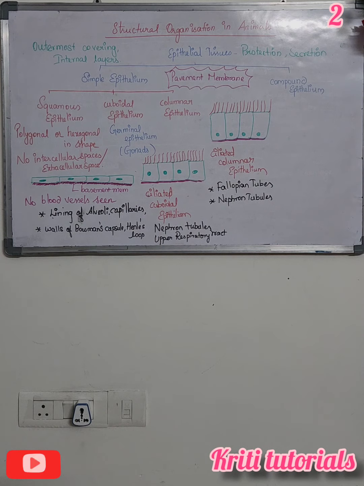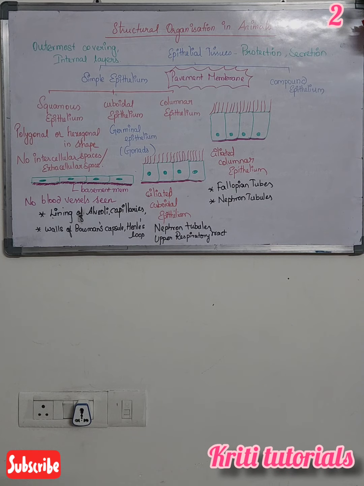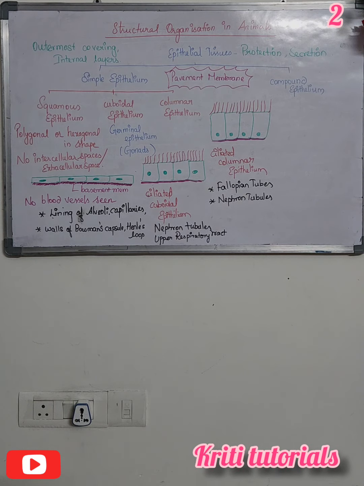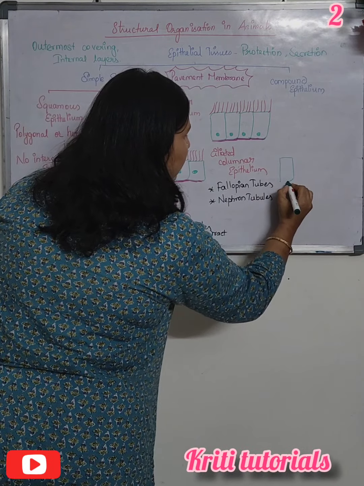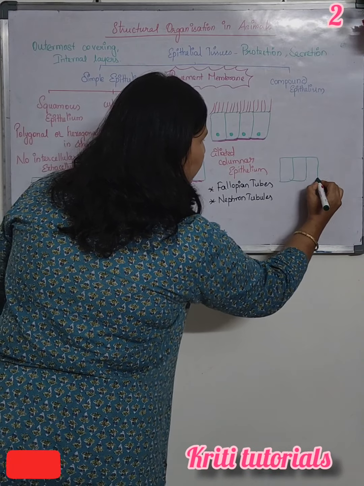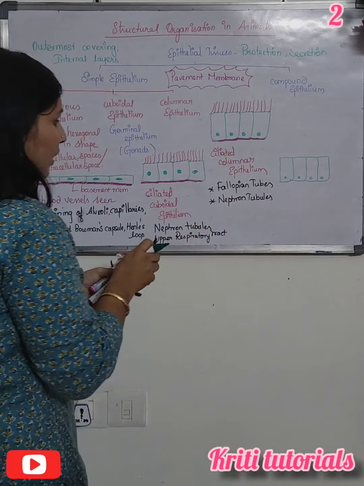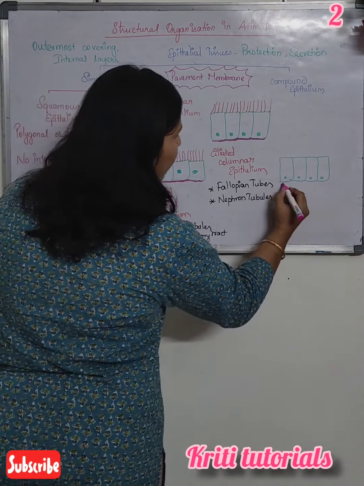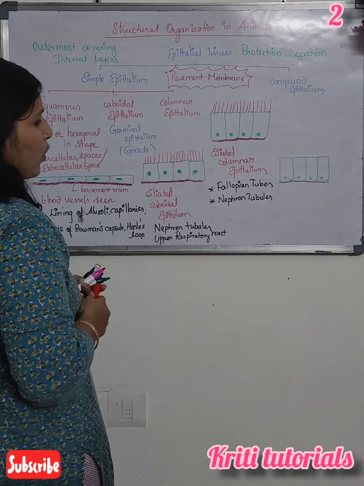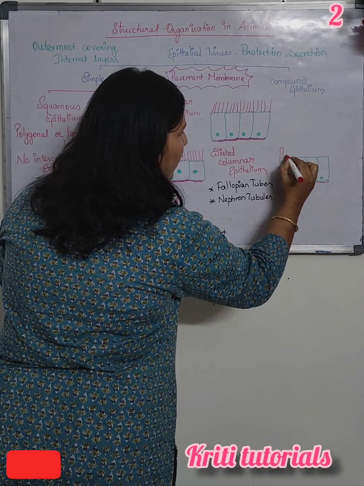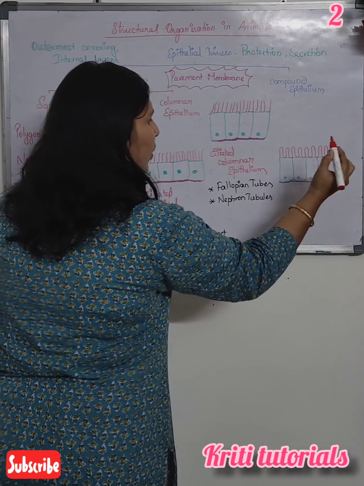Then, here you can see some brush border-like epithelial tissue. The cells will be arranged in such a way that if this is the cell, and here is the nucleus, in the lowermost part you find the basement membrane, and in the free space you observe a brush border-like appearance.